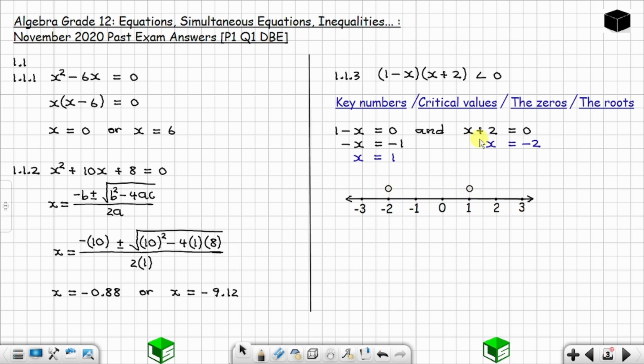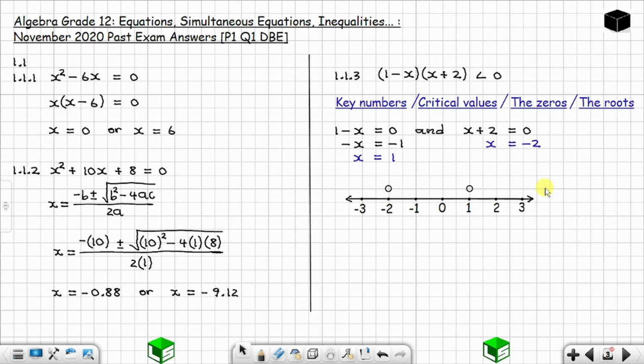What you need to do now is to test the interval. Can you see the key numbers? They are dividing this number line into 3 intervals. You can see the first interval is before -2, and in between -2 and 1, you have the second interval, and after 1, you have the third interval.